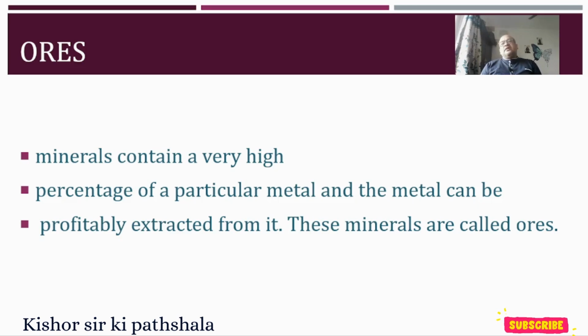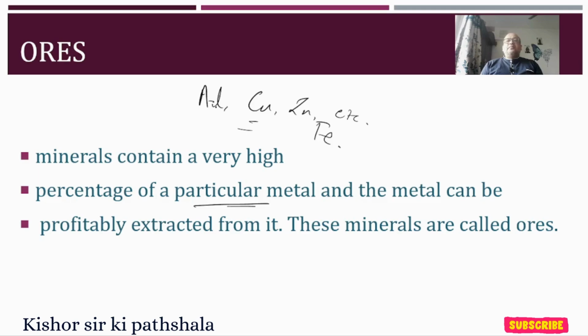A mineral contains a very high percentage of a particular metal. We know that many metals are useful in our day-to-day life, like aluminium, copper, zinc, iron, etc. Now if you see, these metals are not available in their pure form.